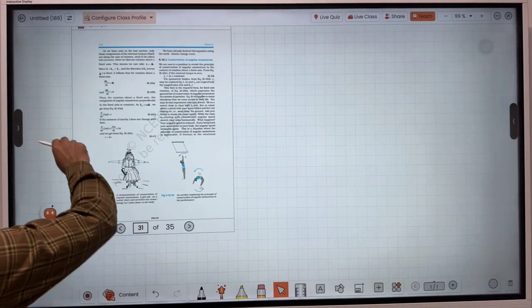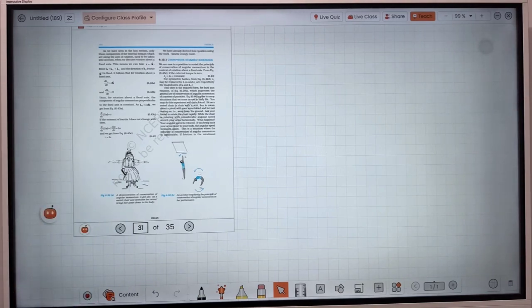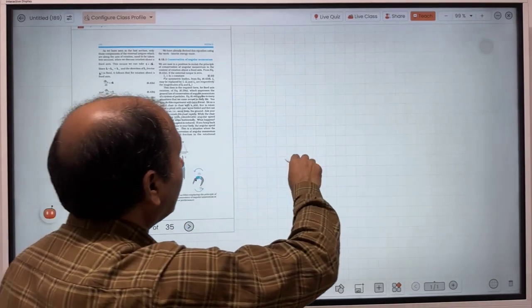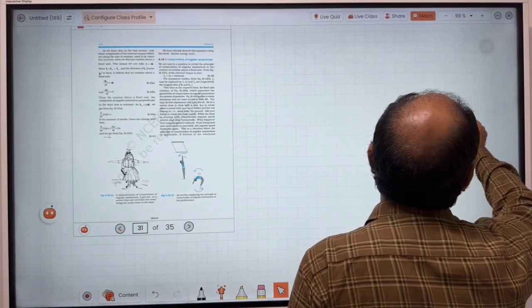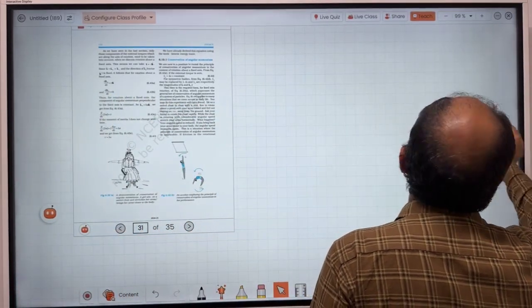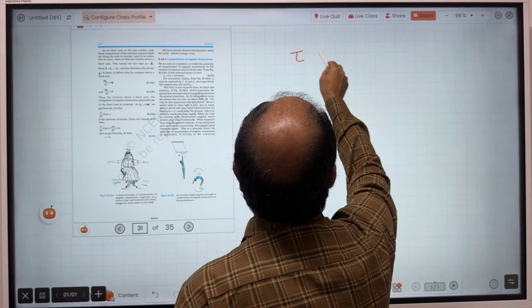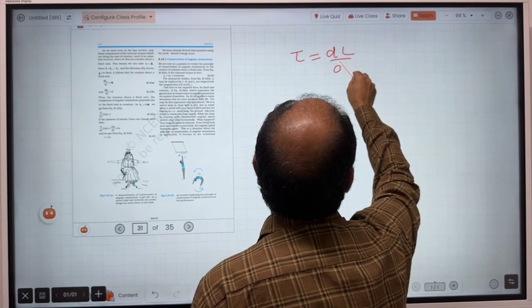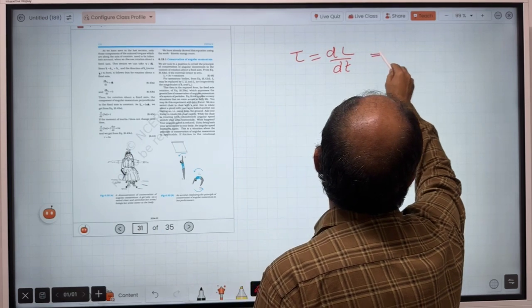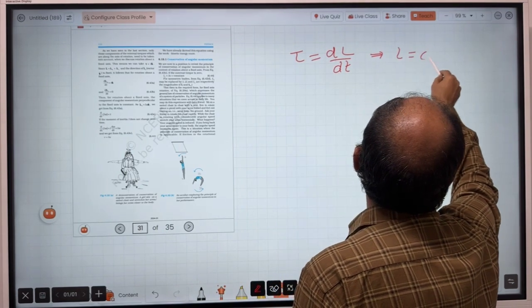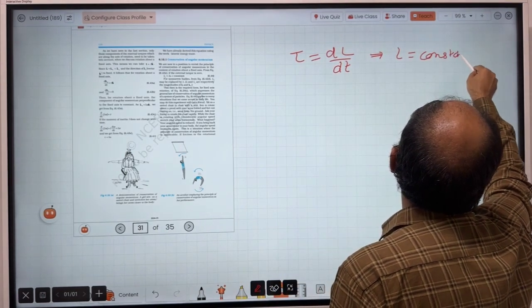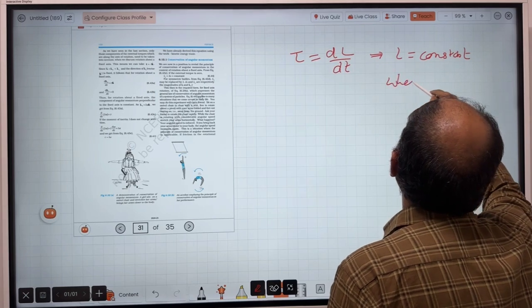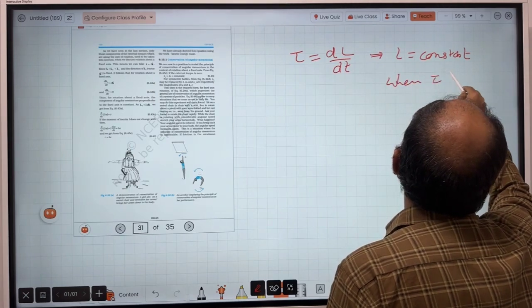Now there are different examples of conservation of angular momentum. We have seen that in absence of torque, tau equal to dL by dt, so L equal to constant when tau equal to 0.